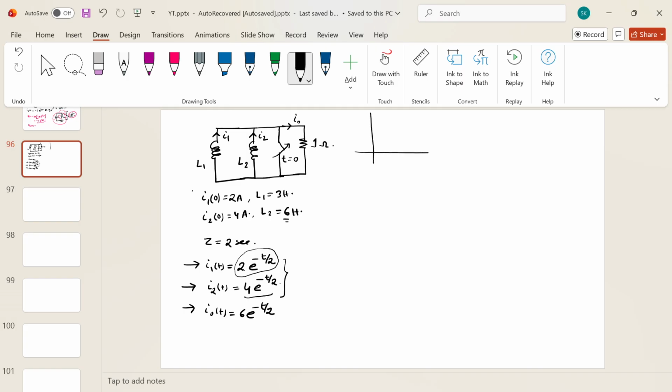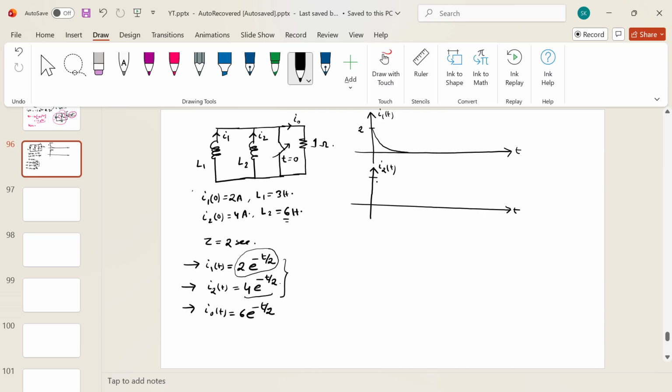So let's say this is the time axis, this is my I1 of t, this is the initial current, and it will decay very fast, right? So the initial current was 2 ampere, and here is I2 of t, which has 4 ampere of current, but it will take some time, right?